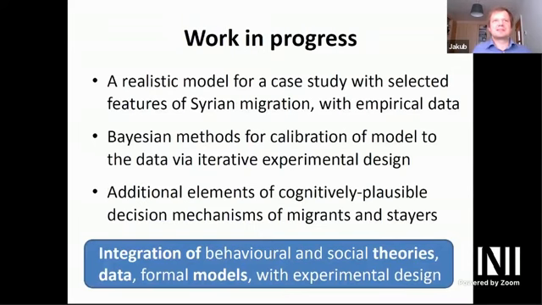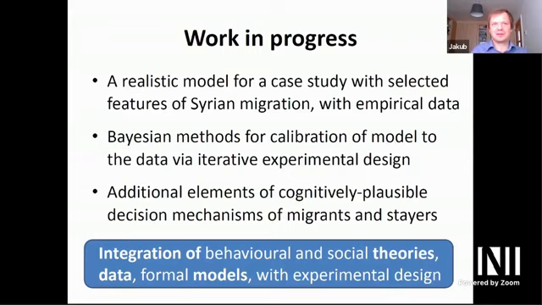So this is still a work in progress. What we're trying to do now is to bring in some empirical information and embed the model in it. We will probably be using Syrian migration to Europe as an example, just because there is a wealth of different data sources. I'm thinking back to the discussion earlier this afternoon and Lex's presentation about data.